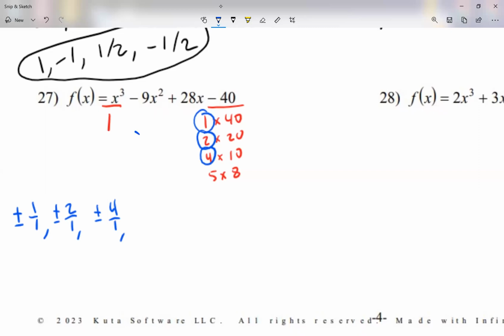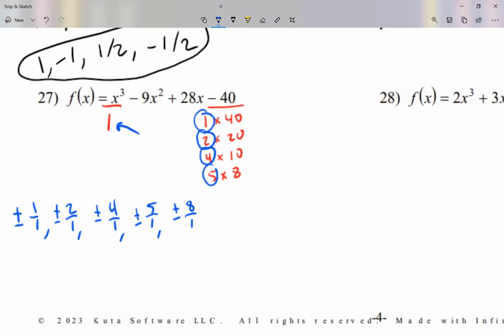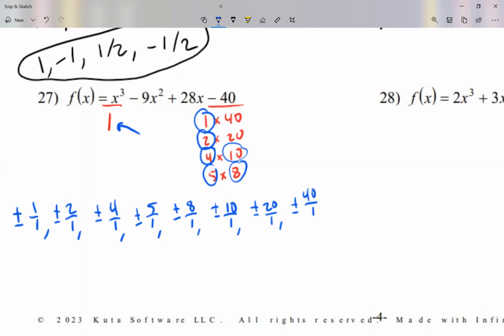I'm putting it all over 1 because that's my only factor here. The next ones: plus or minus 5 over 1, plus or minus 8 over 1, plus or minus 10 over 1, plus or minus 20 over 1, and plus or minus 40 over 1.